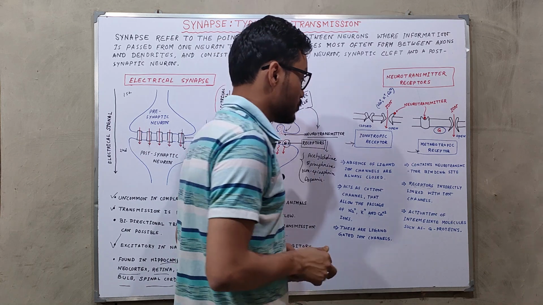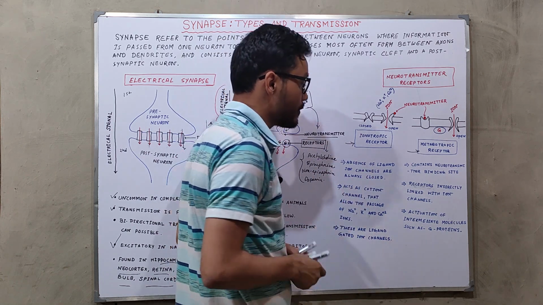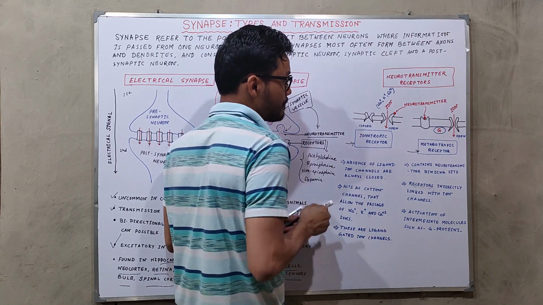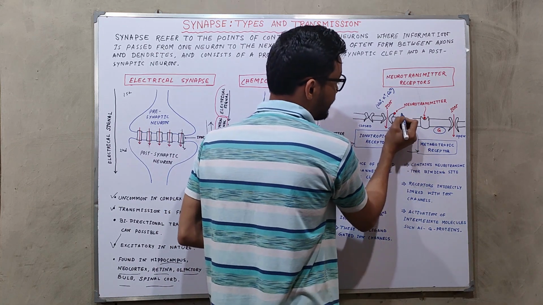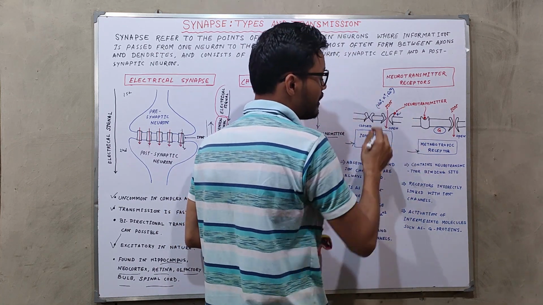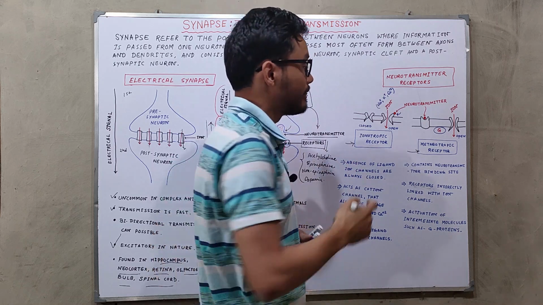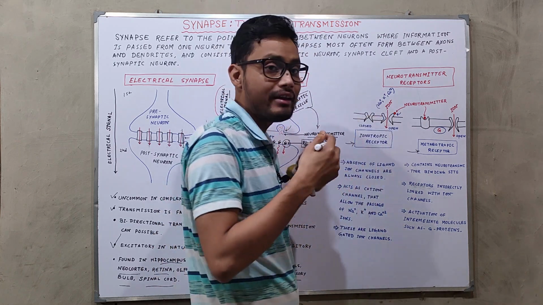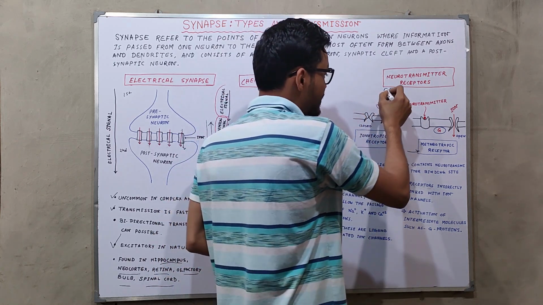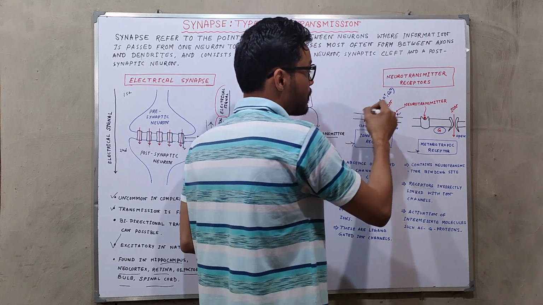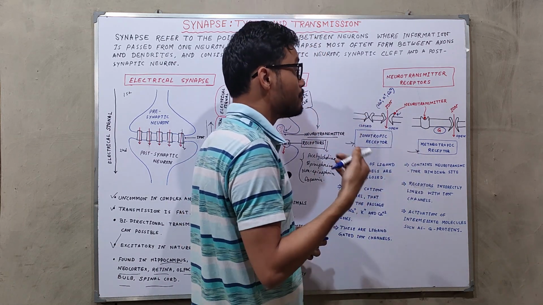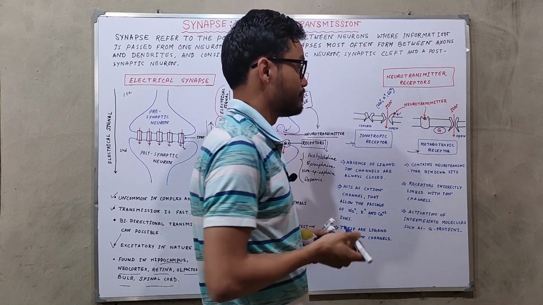In the presence of the particular neurotransmitter, the channels open and create a passage for sodium, potassium and calcium ions.